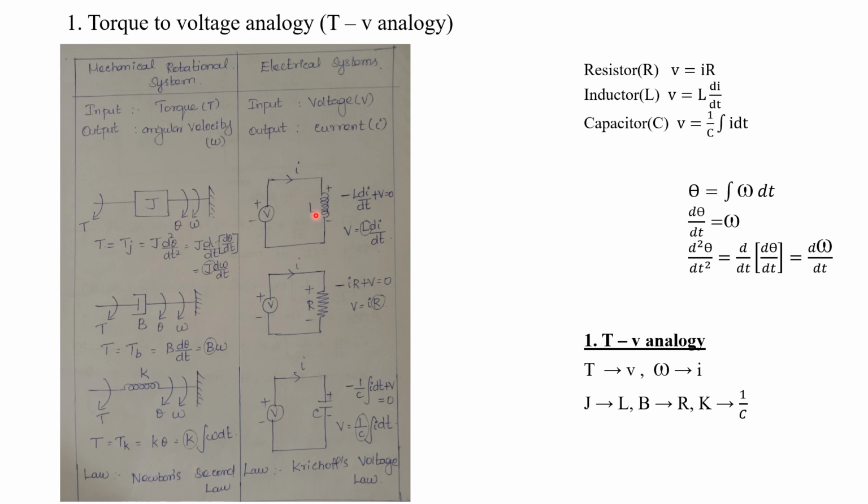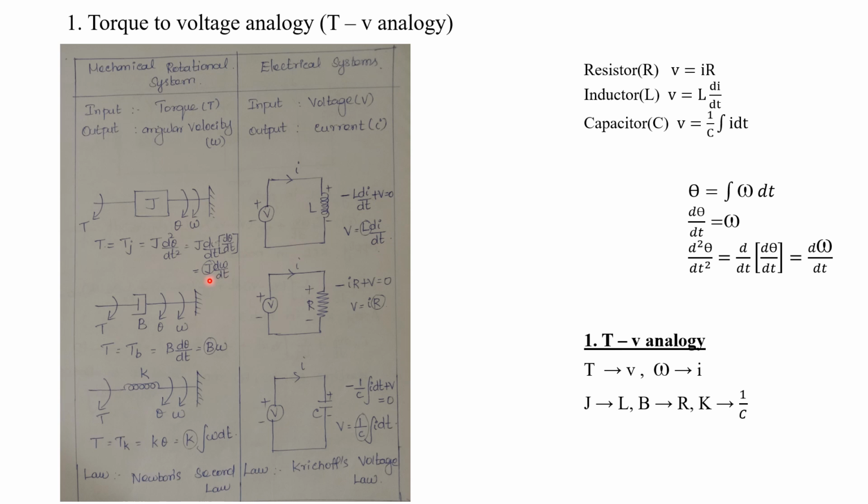Then again we go like this, from minus to plus. Minus to plus is considered a rise, so here we put plus. This is nothing but a voltage source, so this will be a voltage rise, plus V, which is equal to 0. Rearranging this, we get V is equal to L into di by dt.